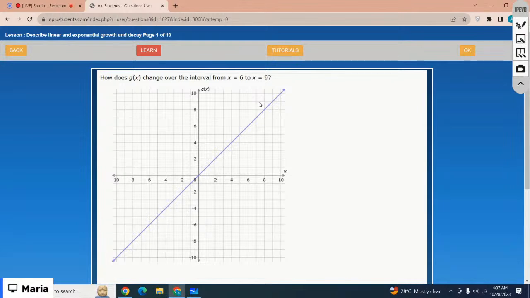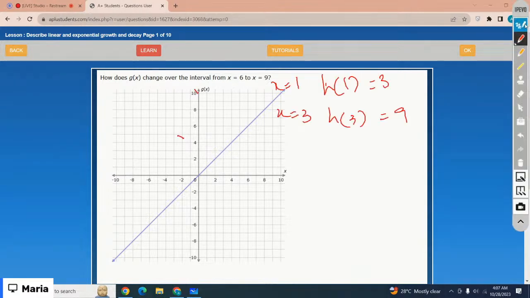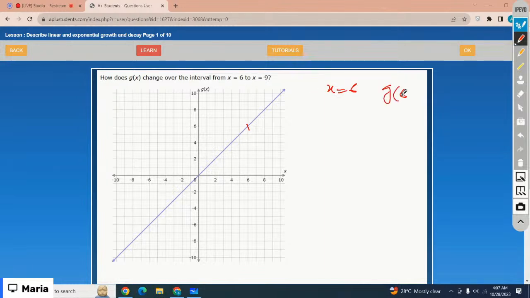How does g of x change over the interval from x equals 6 to x equals 9? Okay, x equals 6. When x equals 6, g of 6 also equals 6, right? When x equals 9, g of 9 also equals 9. That means g of x increased by 3, right?